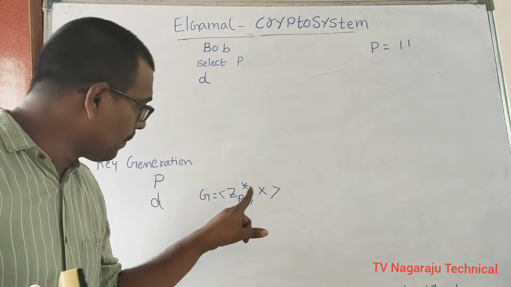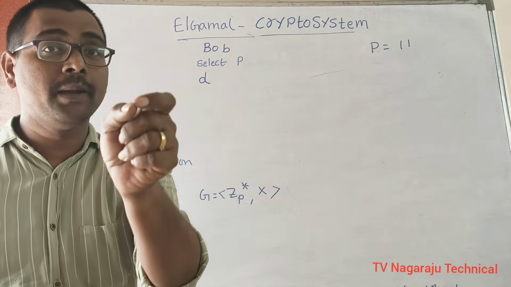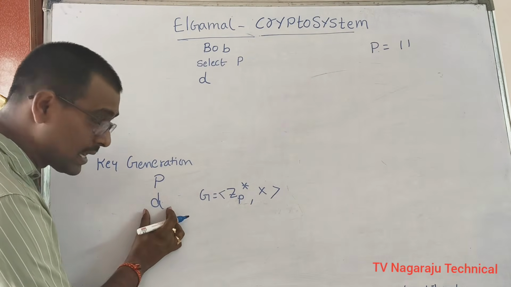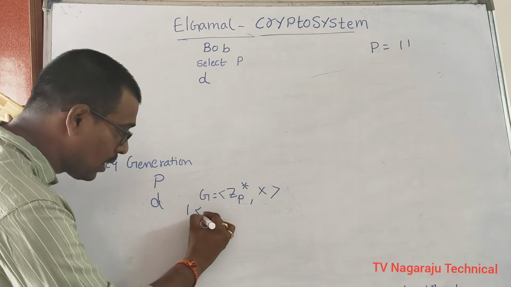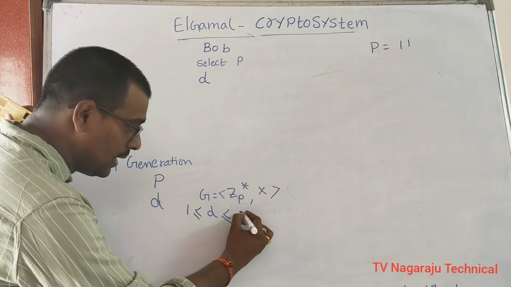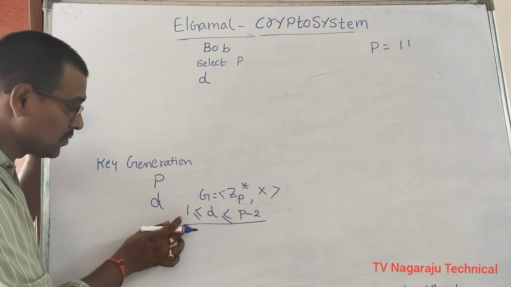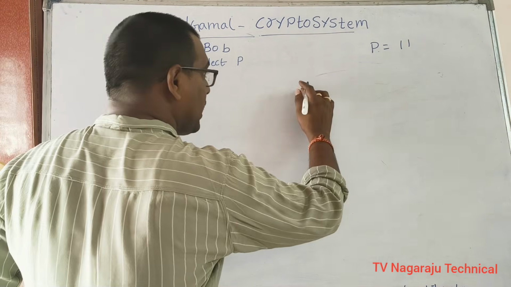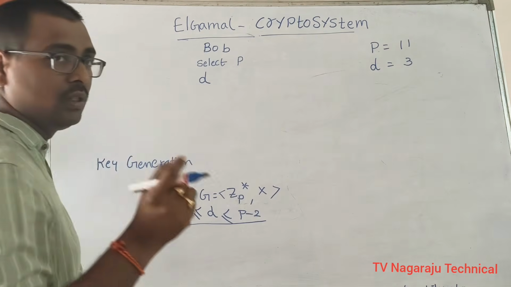Simply the set of numbers that are less than P and co-prime to P. From this group, we select one number D such that 1 is less than or equal to D less than or equal to P minus 2. By satisfying this condition, I select one number D. According to this example, I select D is equal to 3.